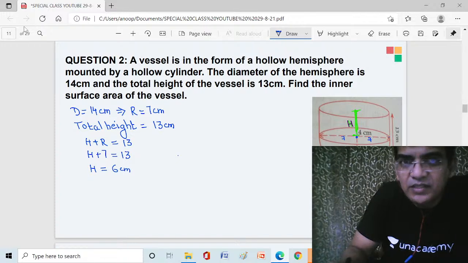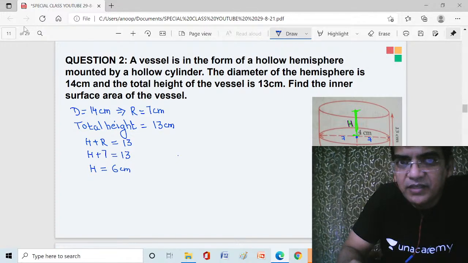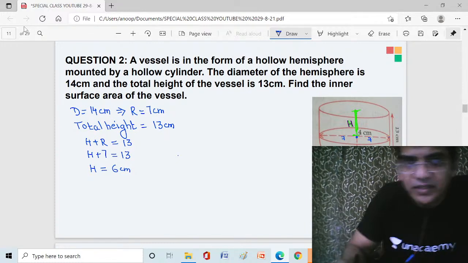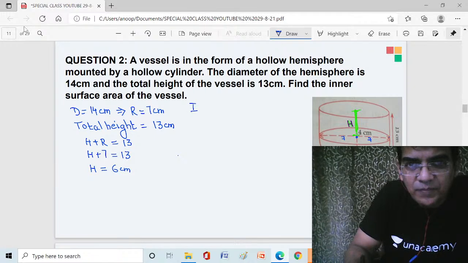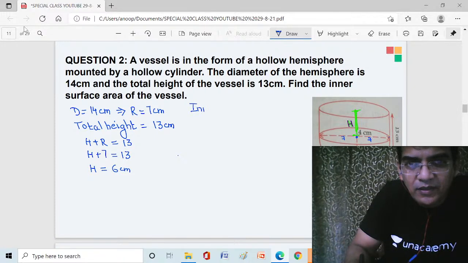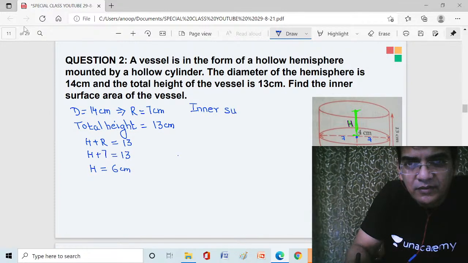Now the question says find the inner surface area of the vessel. So I have to find the inner surface area of the vessel.